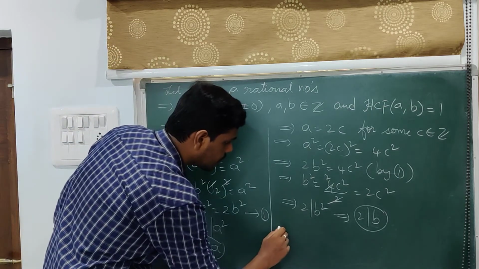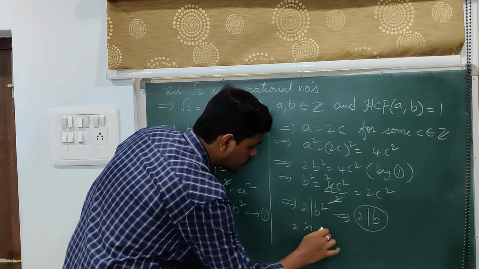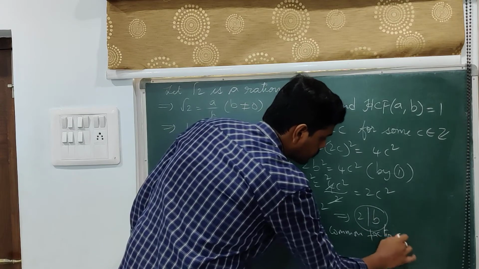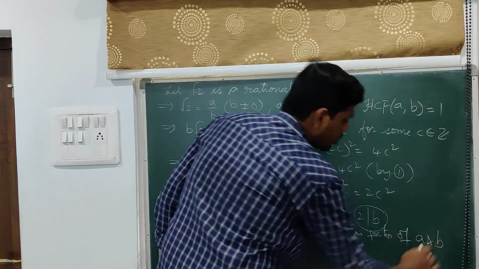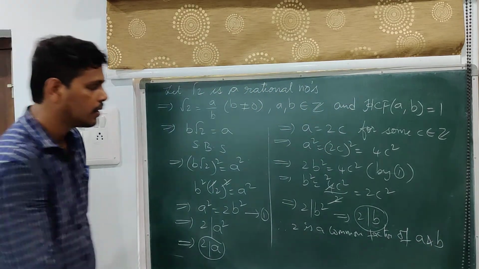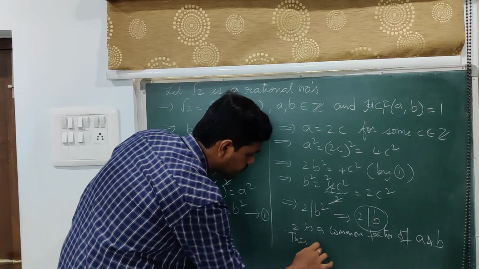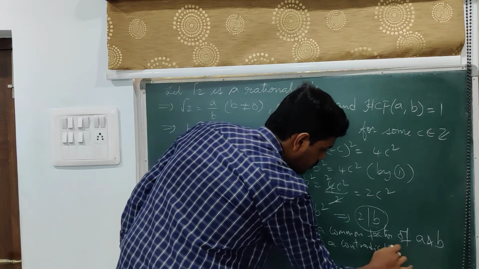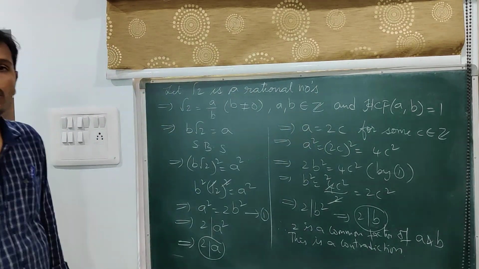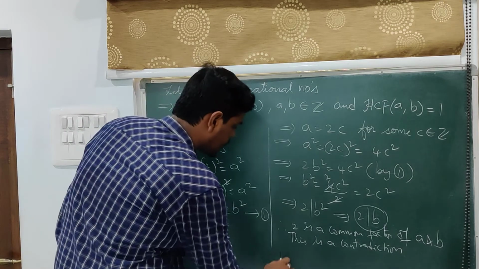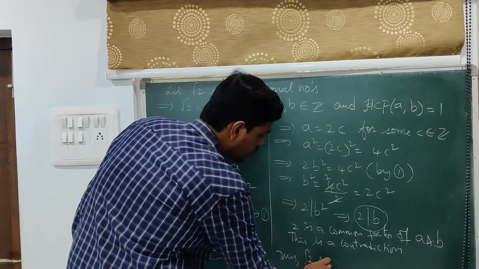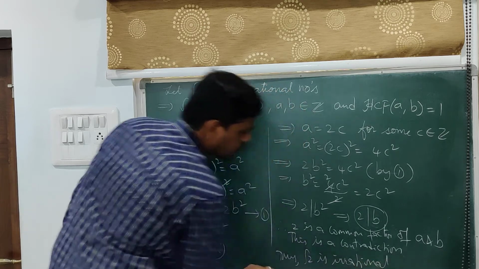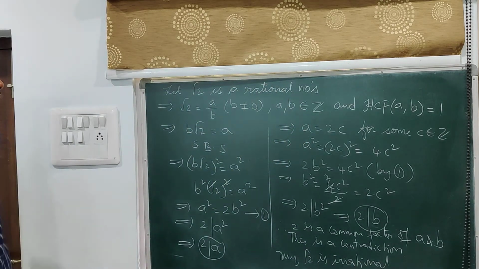Therefore 2 is a common factor of a and b. This is a contradiction. Thus root 2 is irrational.